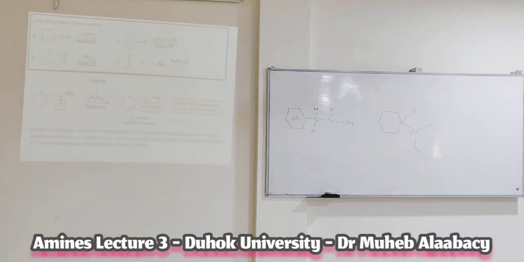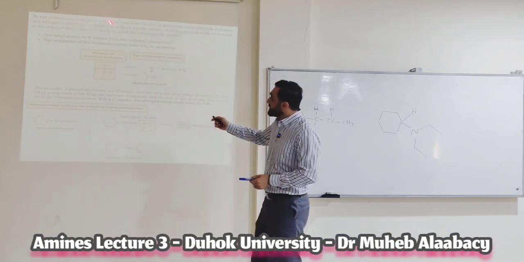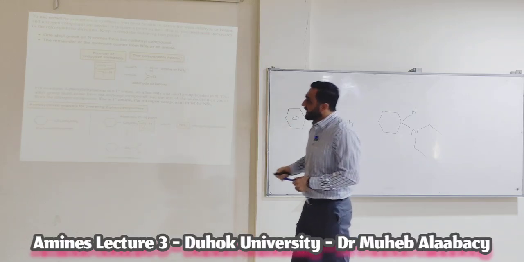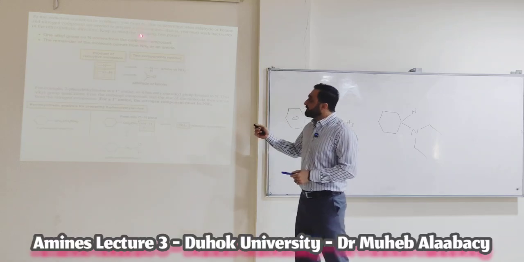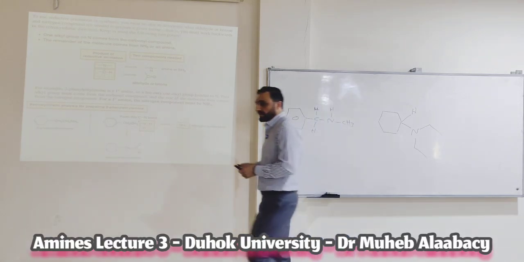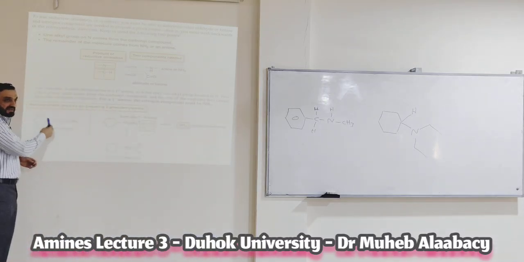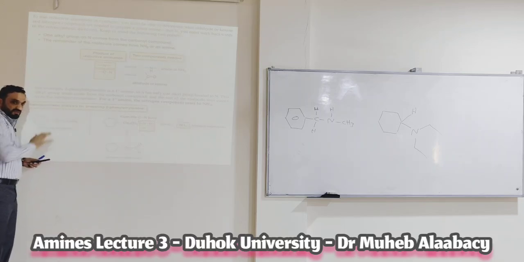What we have in the next slide here. To use reductive amination in synthesis, you must be able to determine what aldehyde or ketone and nitrogen compound are needed to prepare a given amine. So if somebody told you, I want to prepare this amine by reductive amination, this is another type of question.